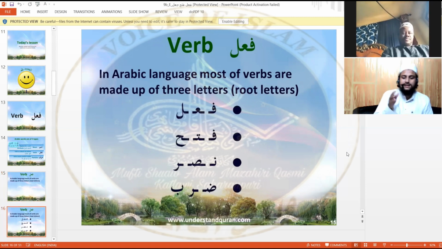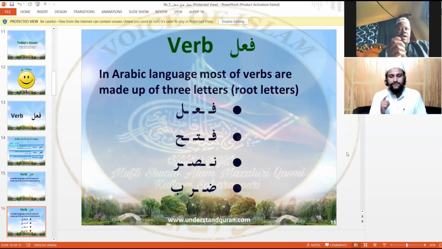So these are the 4 patterns. First, second, third, fourth. First, fa'ala. Say fa'ala. Fataha.